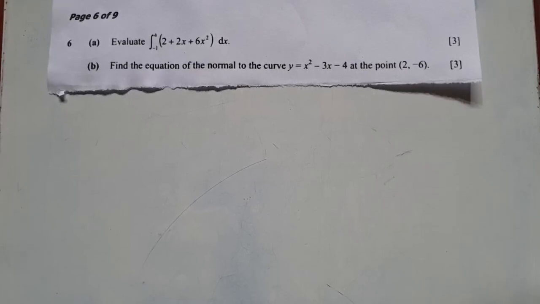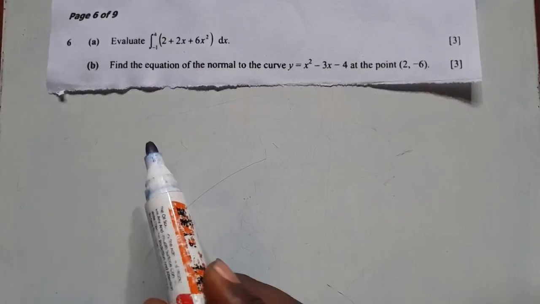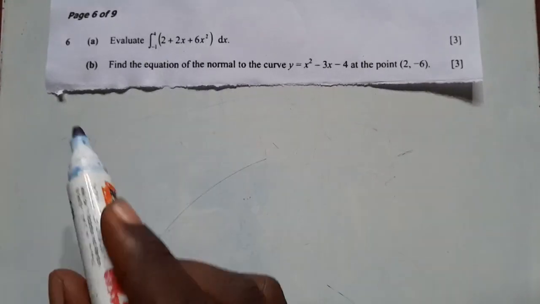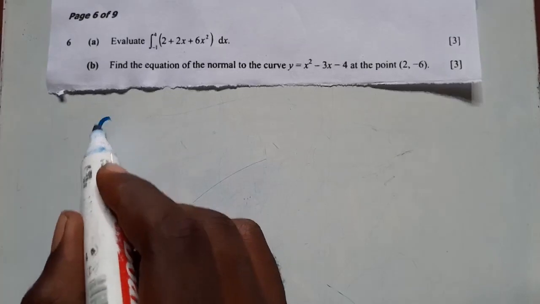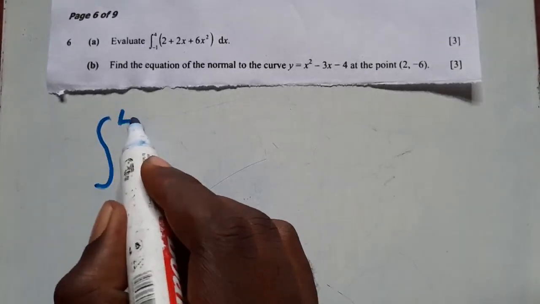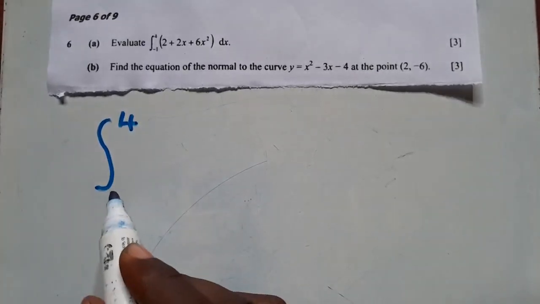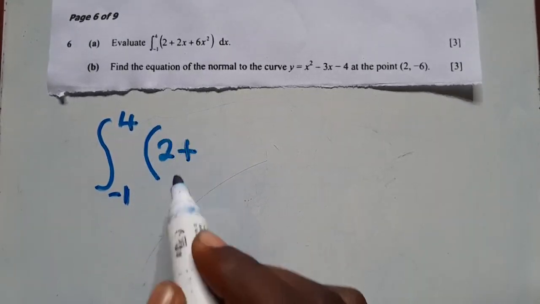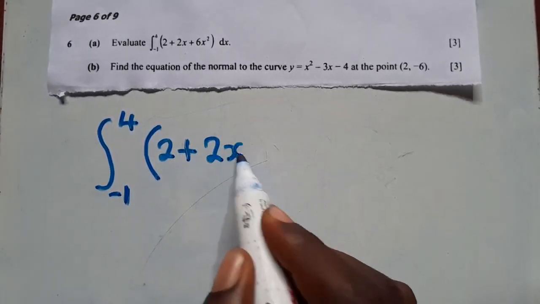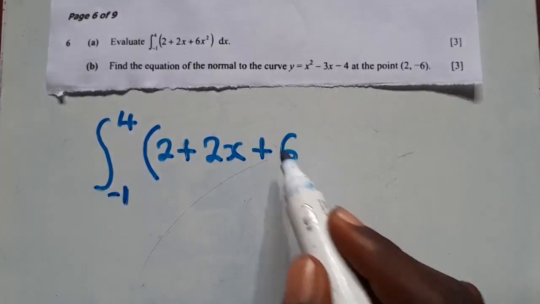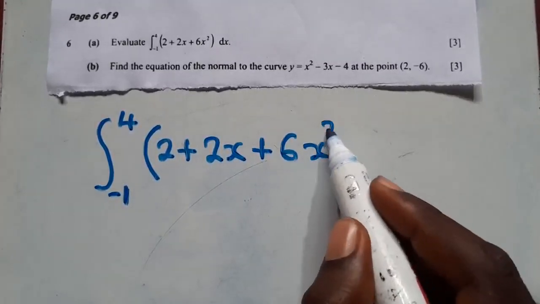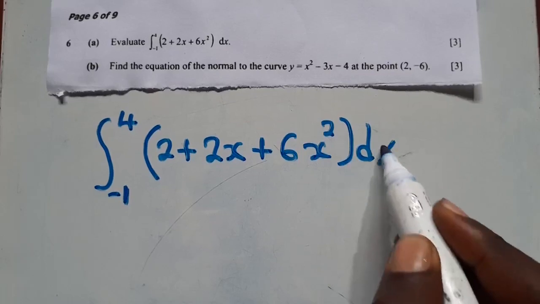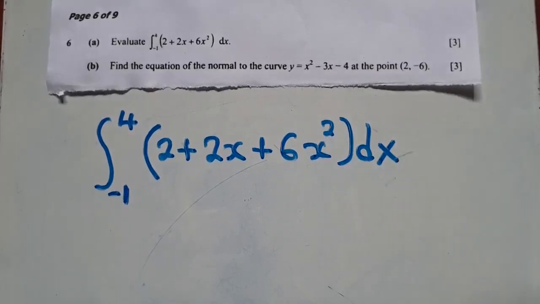The first question is telling us to evaluate, upper limit 4, lower limit -1, of 2 plus 2x plus 6x squared dx. This is the first question which we are given.